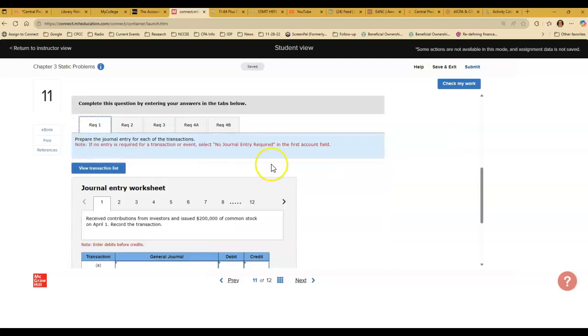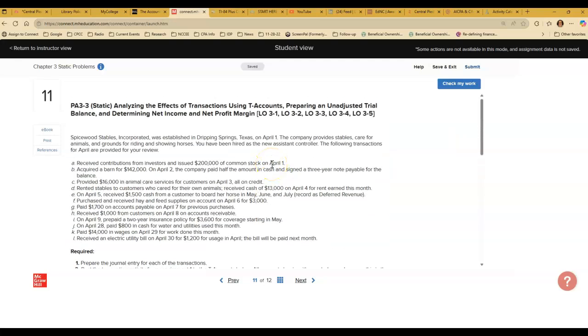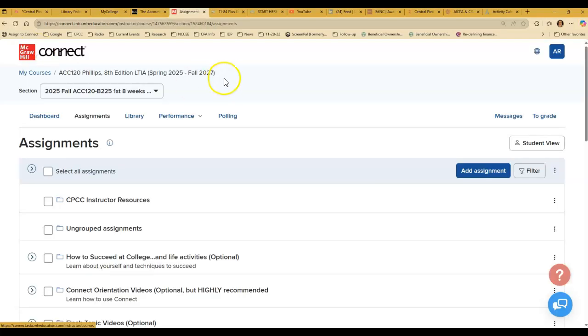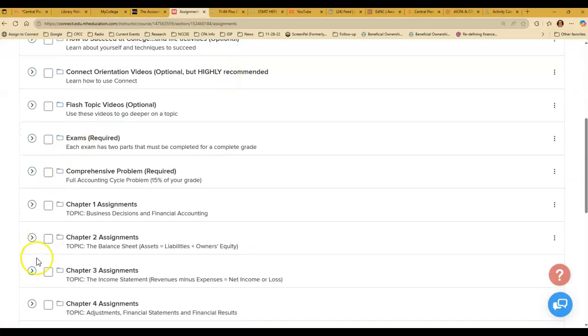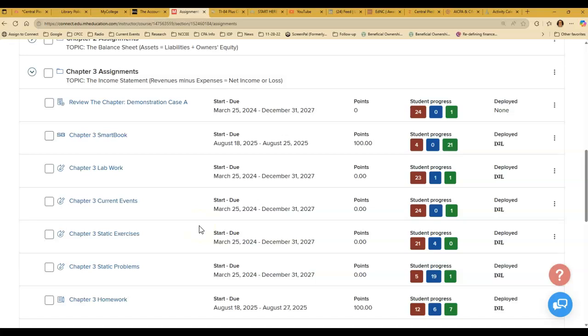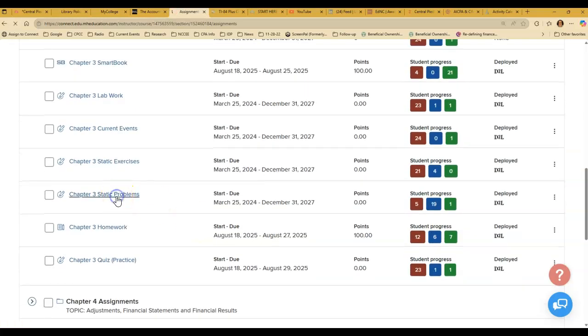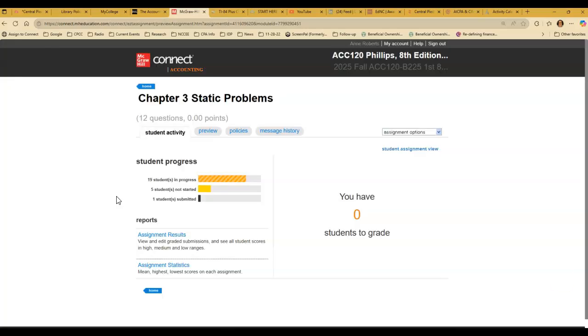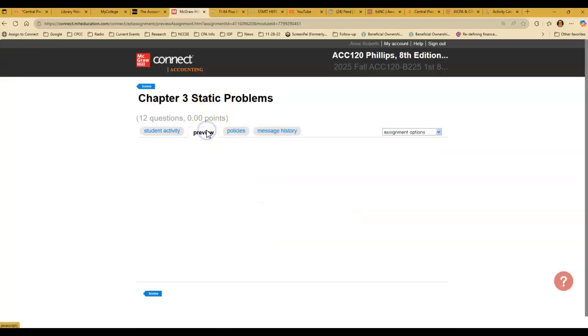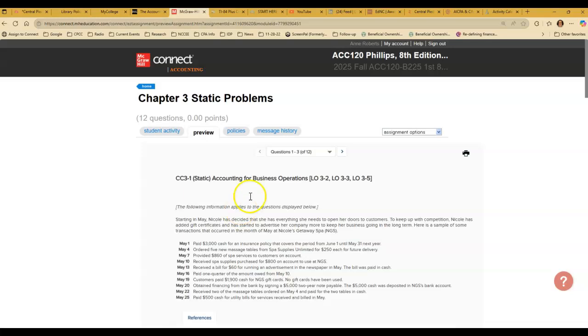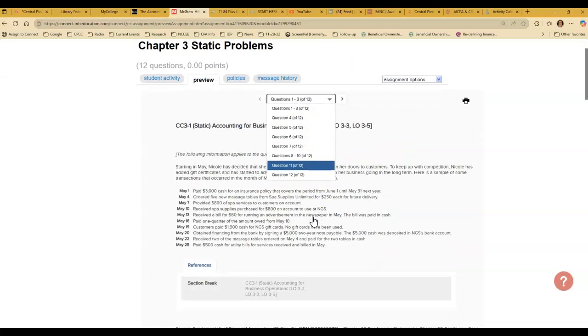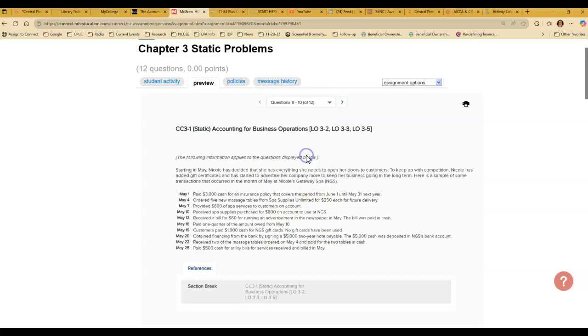Now, let's look at this one. I'm going to switch over. Right now I'm in student view, so I'm going to go to number 11, and I'm going to return to the instructor view. I bet it logged. Oh, no, it didn't. Good. Because I want you to see this one, because a lot of times looking at it, it's this one.